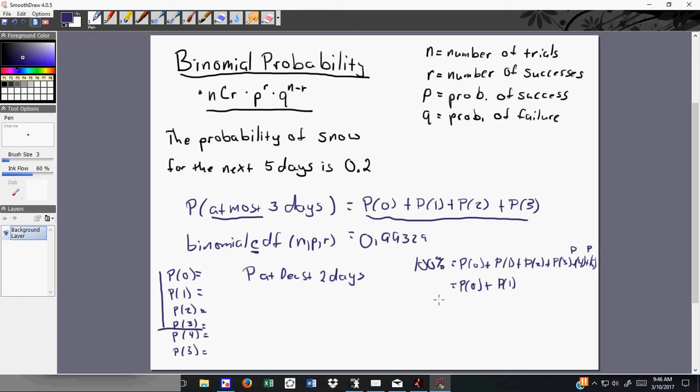So what I'm going to do is subtract 0 and 1, because remember, the probability of 0 and 1 is the binomial CDF of 5, 0.2, and 1. So that's this.